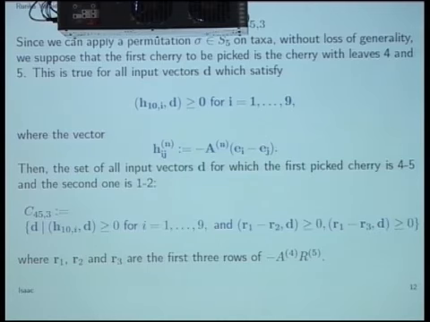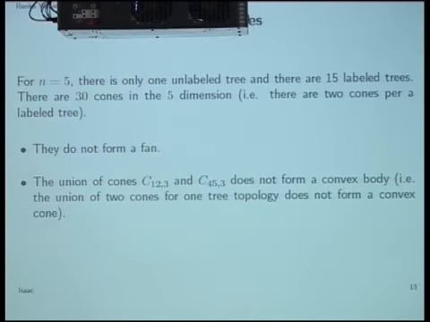Okay, so even for n equal to 5, how we pick gives us different cones. Even though we have the same tree topology, like 1, 2, 4, 5 as cherries and 3 as the lonely node, we have 2 cones, because of how you pick the cherry.